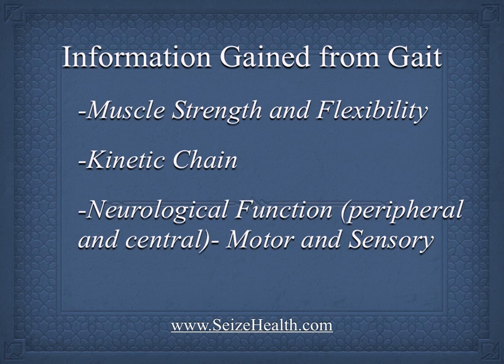It gives you an idea of the kinetic chain, and it gives you an idea of neurologic function, both motor, how it's being controlled. So if you had an injury to the common peroneal nerve or sciatic nerve that caused muscle dysfunction, like failed dorsiflexion, or sensory issues like proprioception, in particular proprioception, you can pick it up by watching the gait.